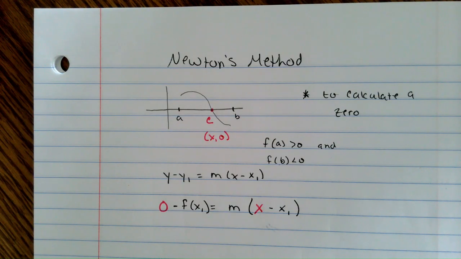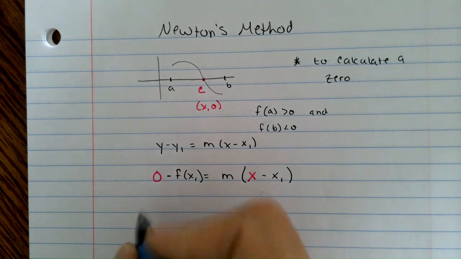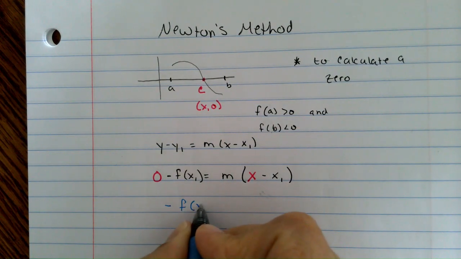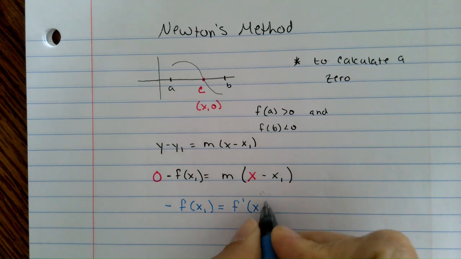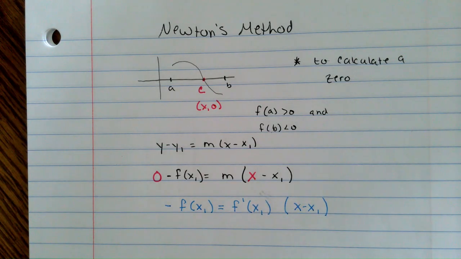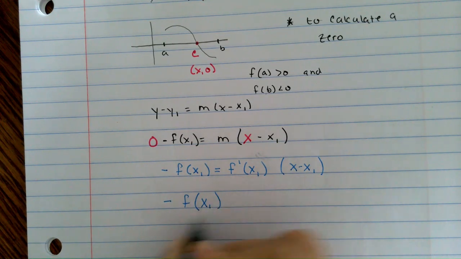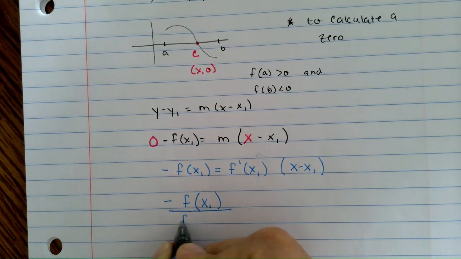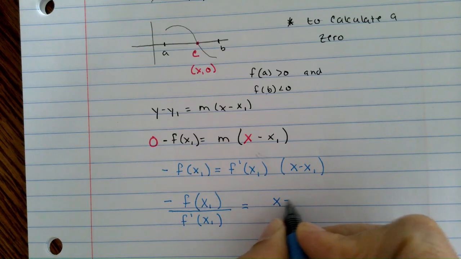We'd have to divide by m first, right? And actually, let's go ahead and get away from m even. Isn't the slope of our tangent line the derivative at our x value? So negative f of x sub 1 divided by the derivative at x sub 1 is going to equal x minus x sub 1.